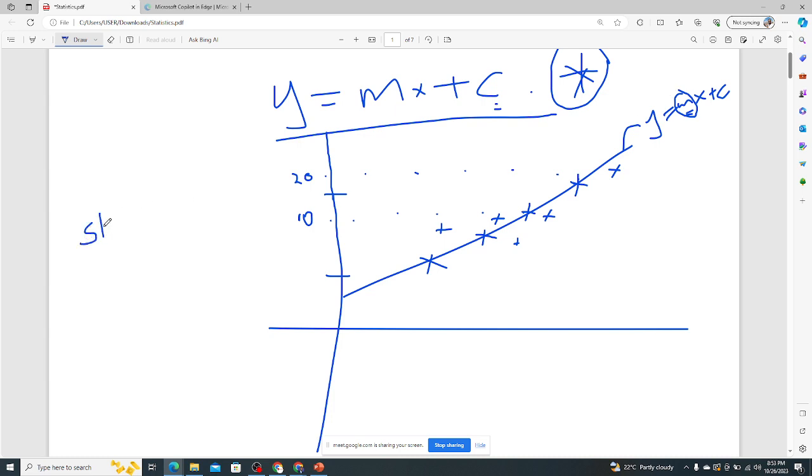If you remember, slope was calculated by change in y divided by change in x, meaning the vertical distance between two data points. For example, at this point we have 15, and at this point maybe we have 20.